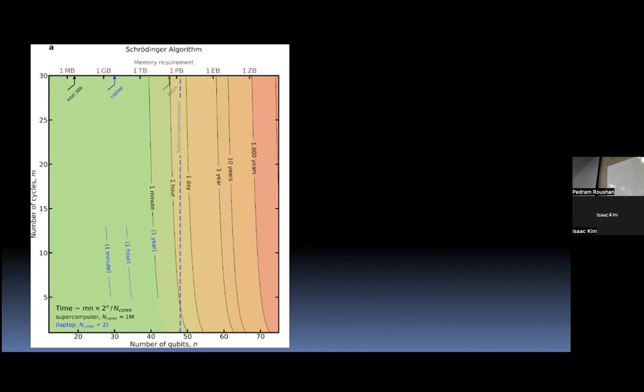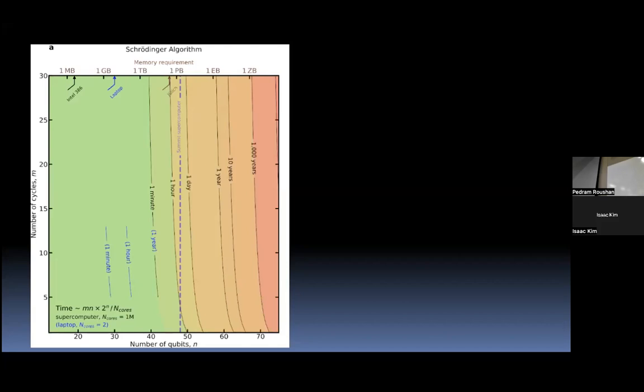So if you have 30 qubits and you go to depth 15, on a laptop which has 2 cores, it would take about a minute. So it's not that bad. So it's not really about depth, it's about the number of qubits. And in fact, if you have 40, 50 qubits on a supercomputer, it would take an hour. Okay, on whatever supercomputer which has about 1 million cores, I don't know, that probably exists somewhere.